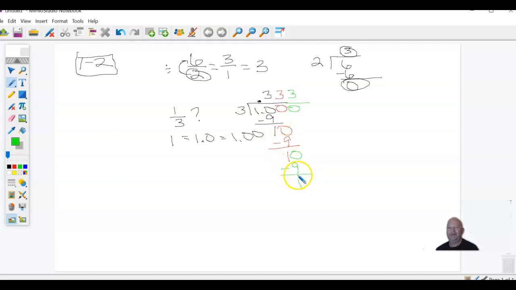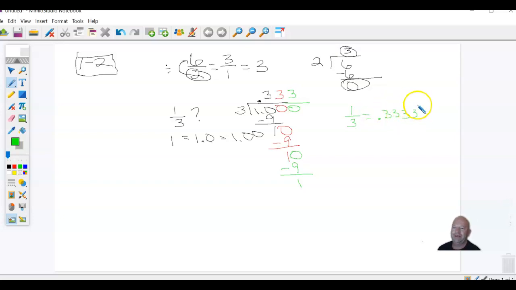And you can see that we've established a pattern here where these numbers are just going to continue to be 3s, and we can keep going on forever. And so 1/3 is equal to 0.3, it's also equal to 0.33, and 0.333, and 0.3333.